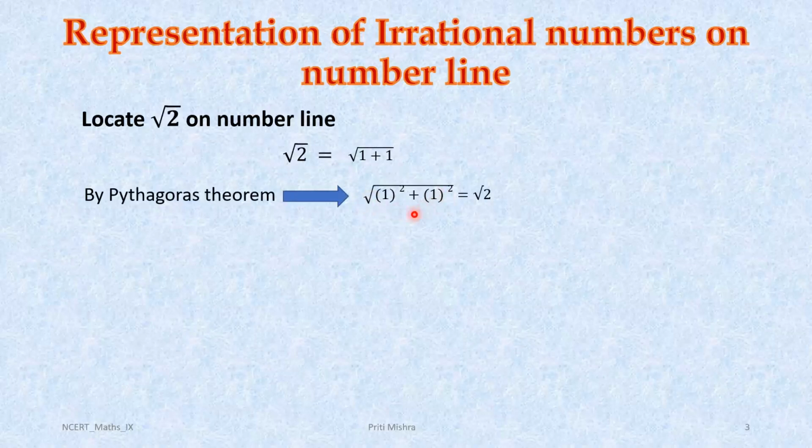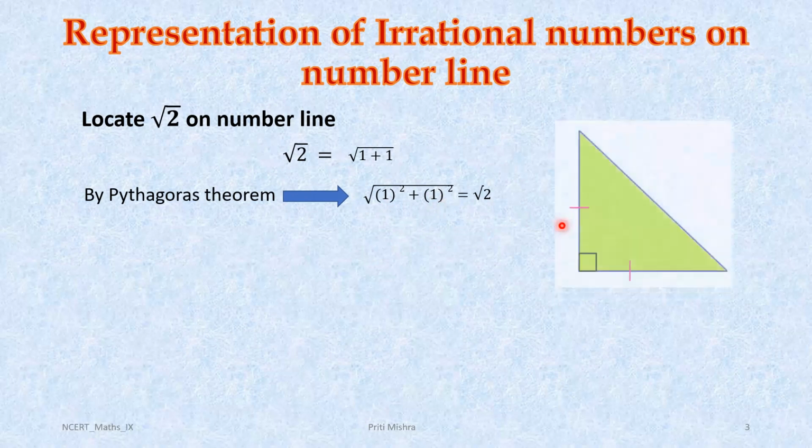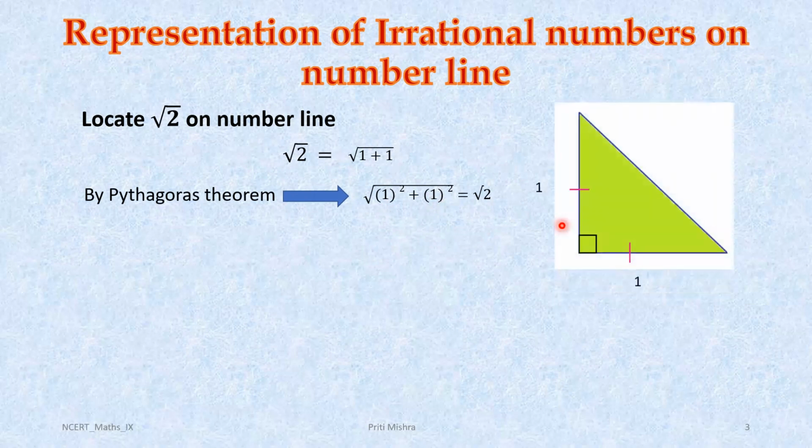So square root of 1 square plus 1 square is equal to root 2. It means if we have a right angled triangle having 1 as perpendicular and 1 as base, then its hypotenuse will be square root 2, right? So its hypotenuse is square root 2.